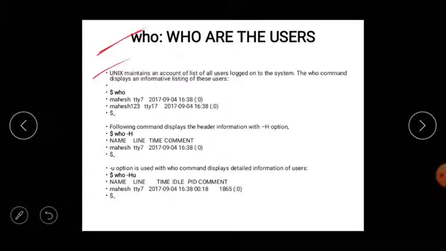The who command displays an informative listing of those users, which means if we type who on the terminal and press the enter key, we are going to get the list of the users who logged in to the system.